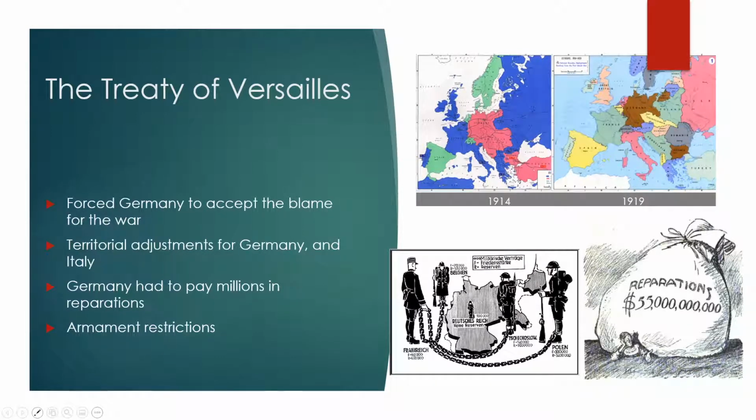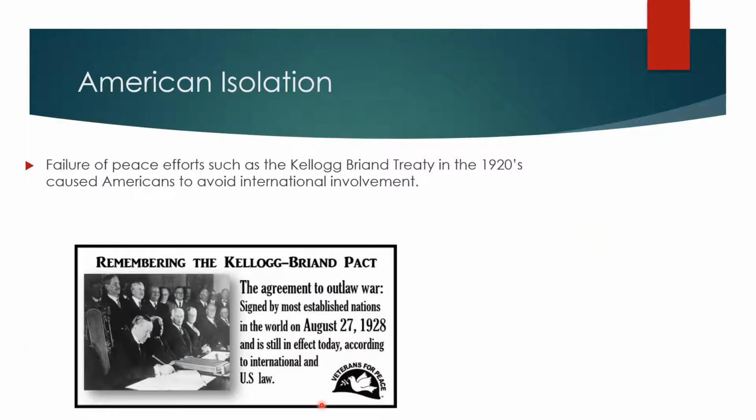Germany was limited to 100,000 soldiers, whereas France, Belgium, Poland, all the nations around it had much larger armies, and this put Germany in a poor situation if there were to be another large-scale conflict.